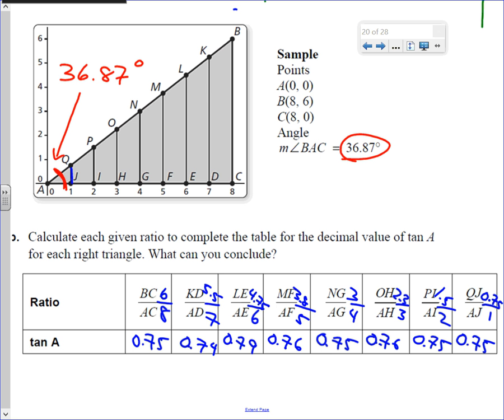No matter how big or small the triangle was, the ratio of the side opposite this angle to the side adjacent kept being 0.75, because this angle stayed the same.